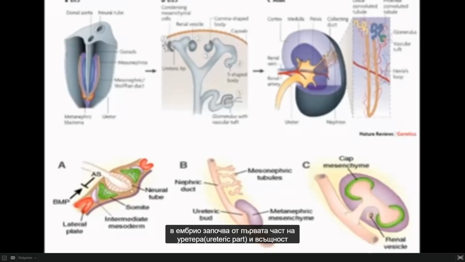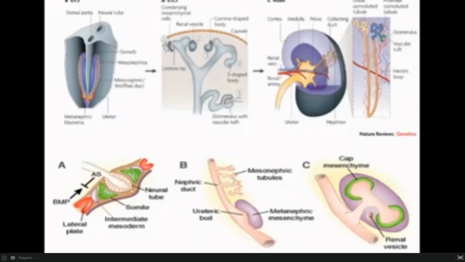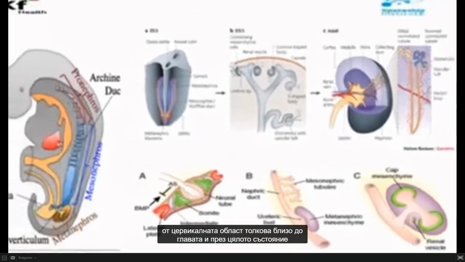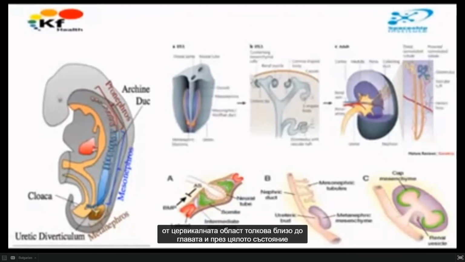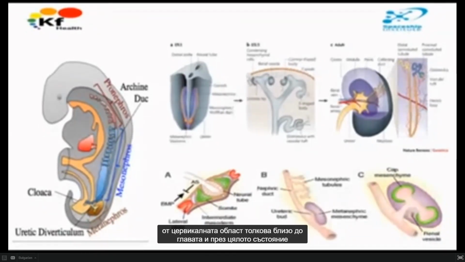Toward the end of embryo development, the two parts connect with each other and form the kidney of the adult. So the journey of the kidney starts from the cervical area, the neck of the embryo, so close to the head, and through all the embryology states descends to the end of the spinal area.